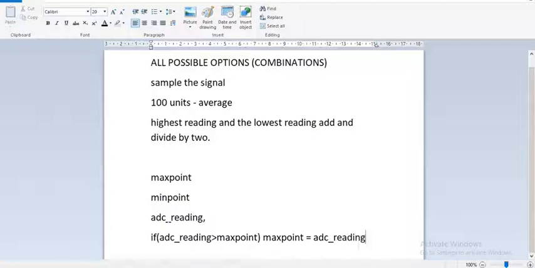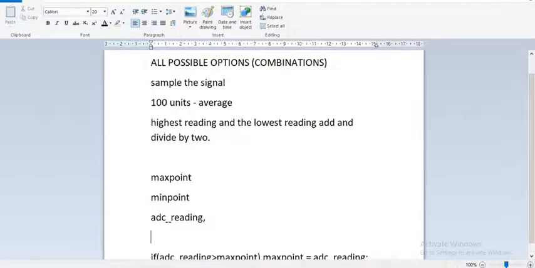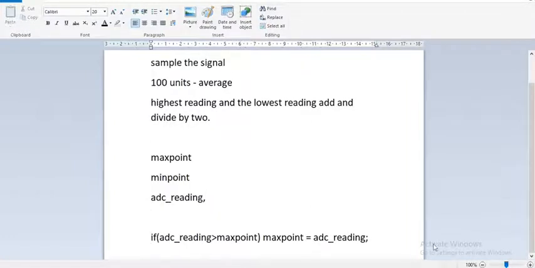Are you getting what I did here? This is a simple line instruction. Once we take the ADC reading, we check if it is greater than max point, then the max point is equal to the ADC reading.